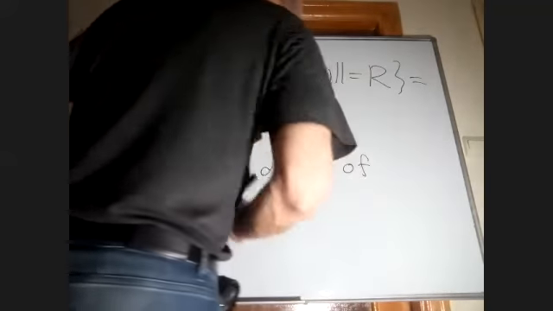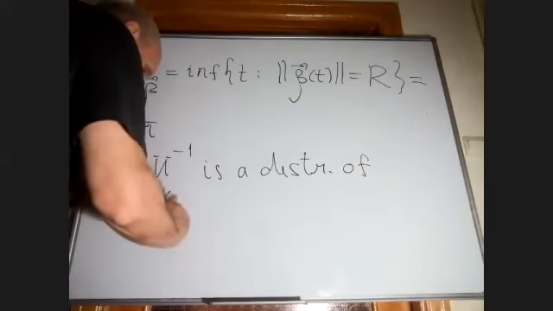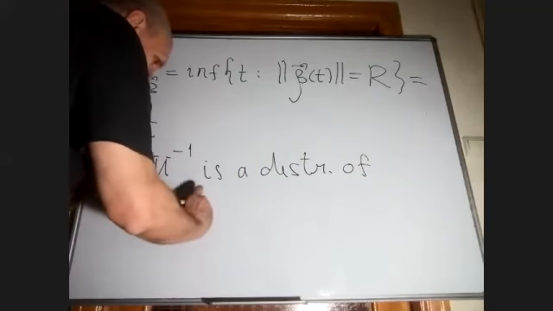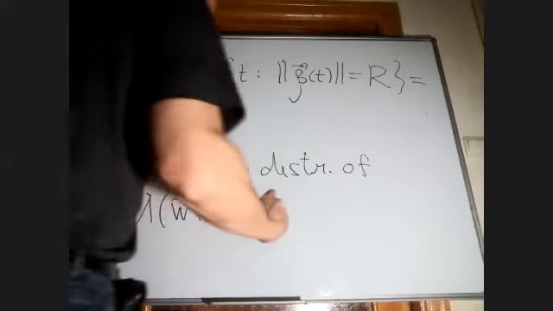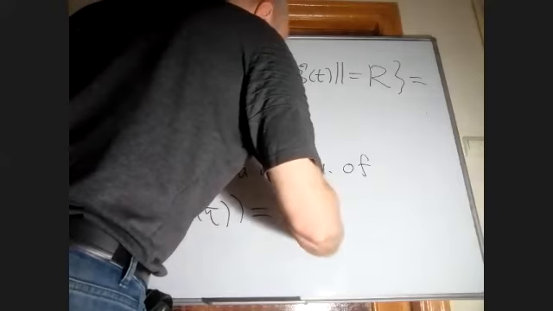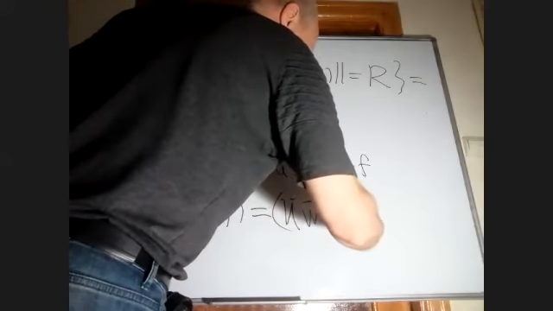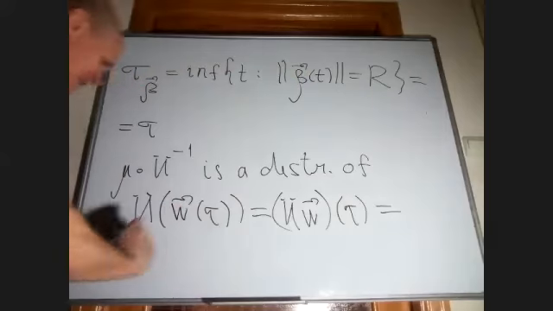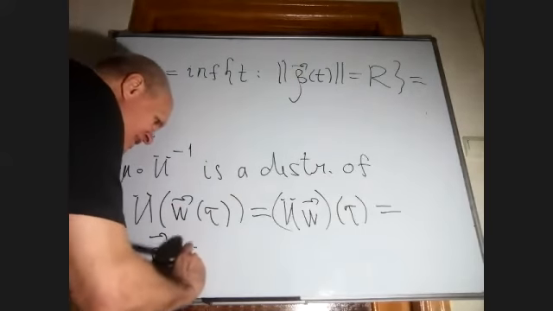Because this is a rotation, this is a distribution of U W tau, but it is exactly the distribution of U W at the moment tau. It is exactly the distribution of beta at moment tau beta.